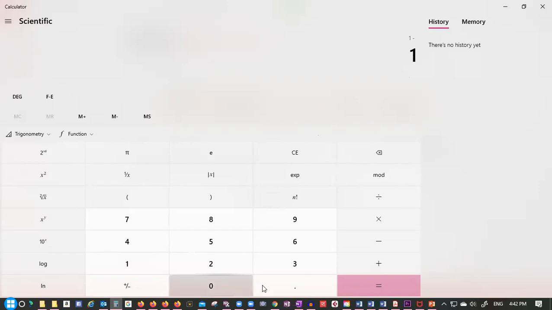Let's say 1.0, and people say times 10 exponent -7. Look, that's not correct. You see?